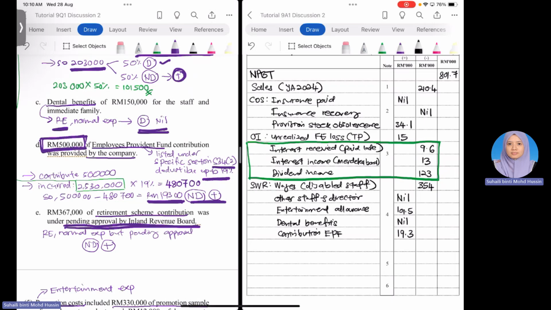In the SOCI, you already deduct 367,000 ringgit, but in the taxation, we check in detail whether approved or not. If not approved, which means that you're not allowed to deduct. So even though this item is revenue expenditure, satisfying section 33 subsection 1, but still pending for the approval, this item becomes non-deductible. So we have to add it back.